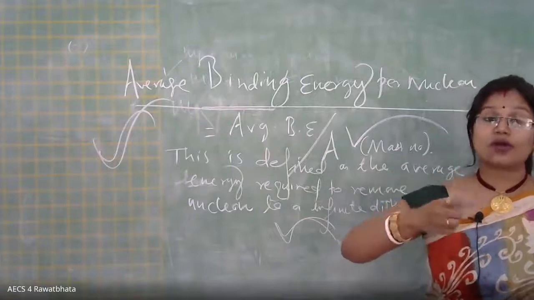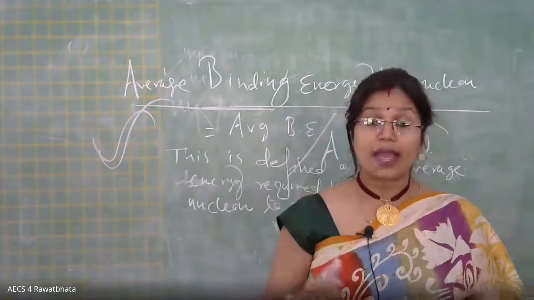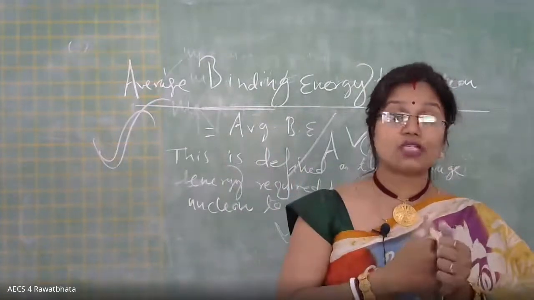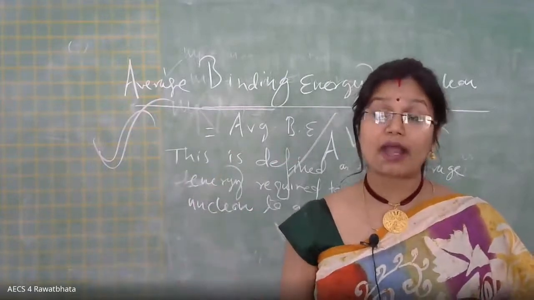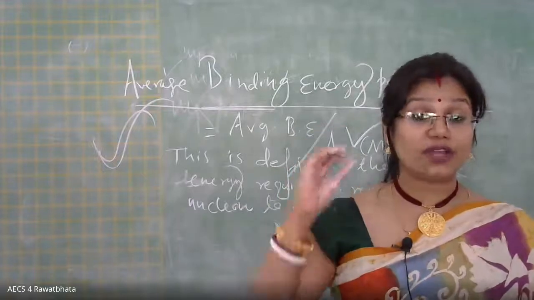And depending upon the mass number, how the graph is varying, that is important. For the light nuclei, what binding energy you are getting, for the heavier nuclei, what is the variation, and in which case you are getting the maximum. So this part is very, very important.